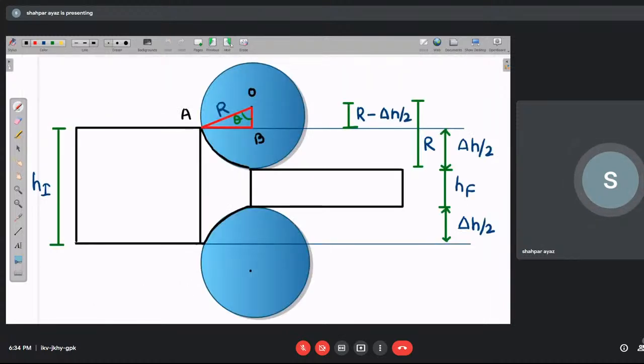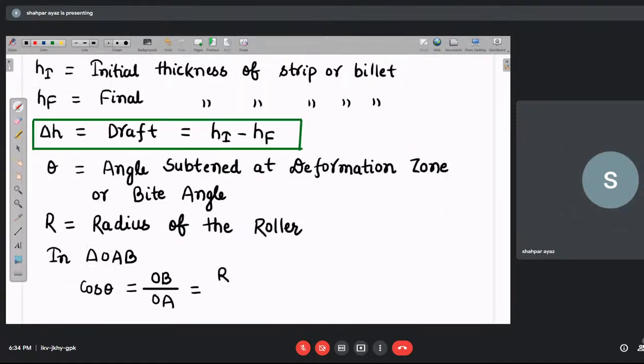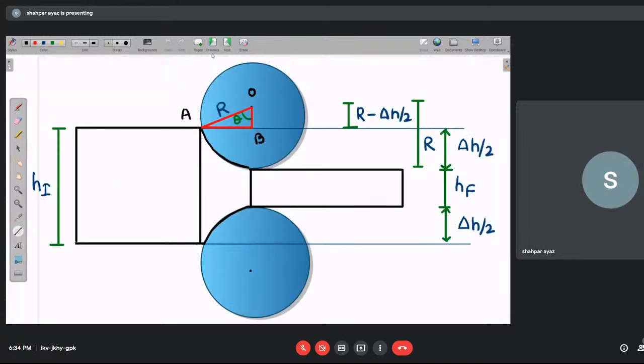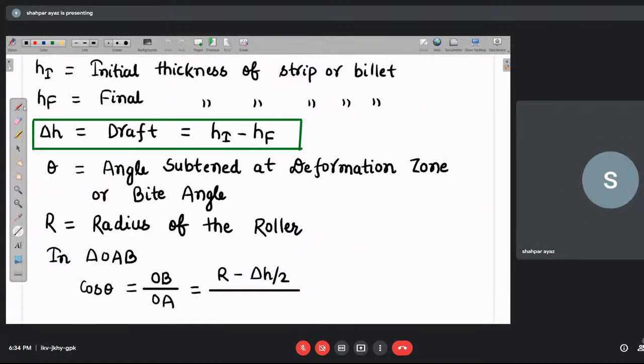OB is what? OB is R minus delta H by 2, divided by OA, which is R. So the formula is 1 minus delta H by 2R. 2R means diameter.